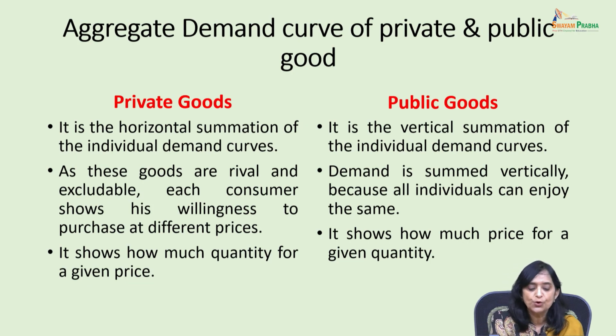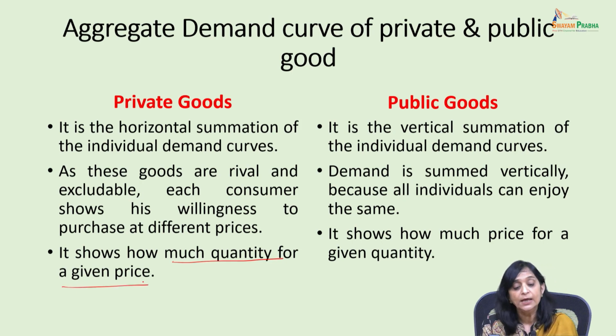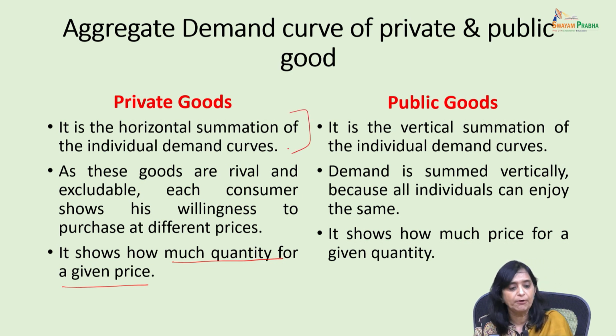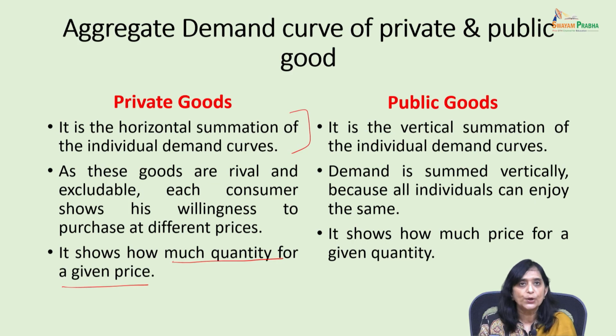So it shows how much quantity for a given price. Let us say if the price is 10, how much quantity is the total market demanding. So for a private good, remember, we will be doing it graphically also later on, that it is the horizontal summation of the individual demand curves.